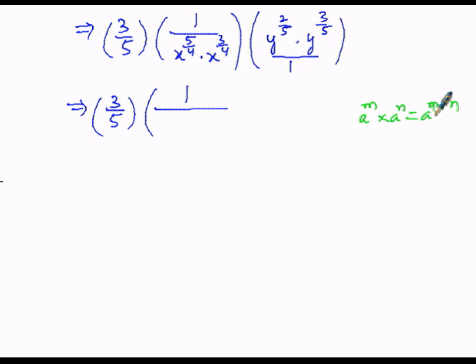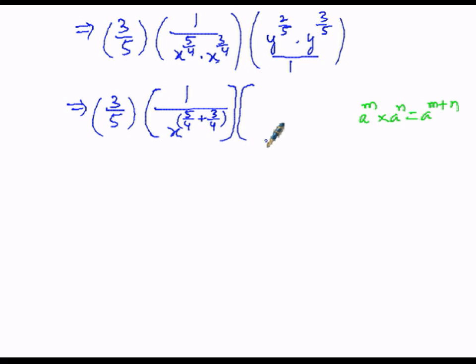Here x and x are equal, that is, the bases are equal, and these are the exponents, m replaced by 5 by 4, n replaced by 3 by 4. So the result is a to the power of m plus n. Here 5 by 4 and 3 by 4 must be added up, so that implies x to the power of 5 by 4 plus 3 by 4 within brackets.